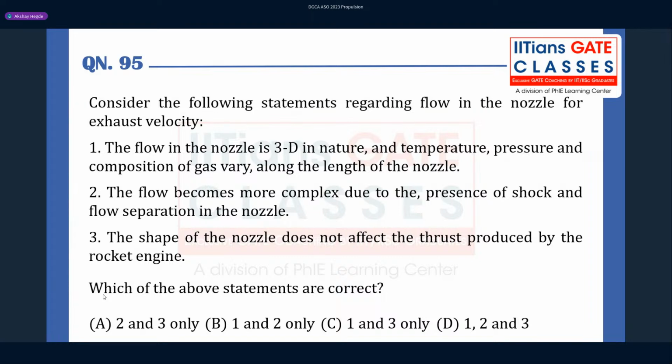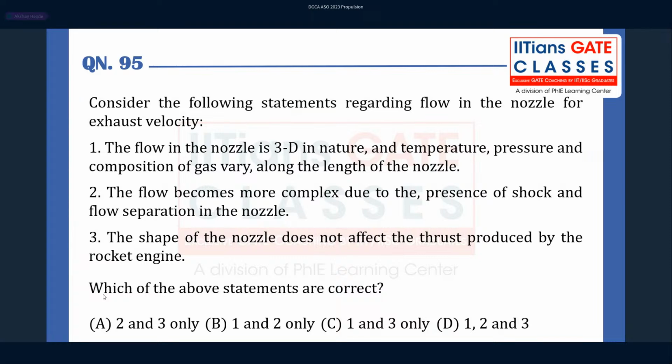Statement one: the flow in the nozzle is 3D in nature and temperature, pressure and composition of gas vary along the length of the nozzle. Statement two: the flow becomes more complex due to the presence of a shock wave and flow separation in the nozzle. Statement three: the shape of the nozzle does not affect the thrust produced by the rocket engine.